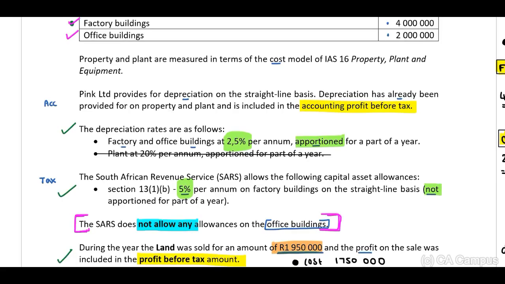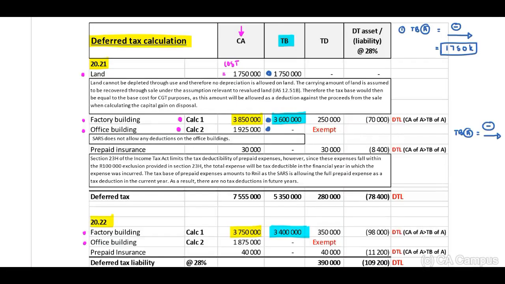Therefore, is there anything that we will be able to deduct in future? No, nothing, because such does not allow any deductions. Therefore, we will not be able to deduct anything in future. And this will be an exemption in terms of paragraph 15. Such does not allow any deductions on the office building.